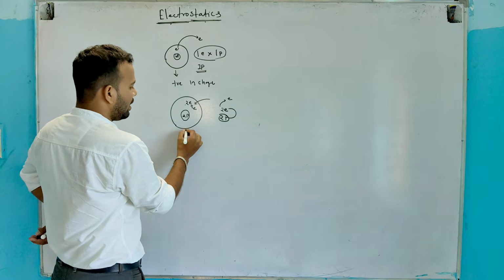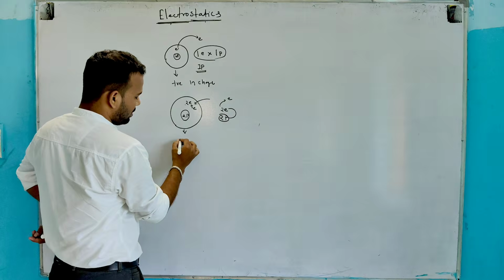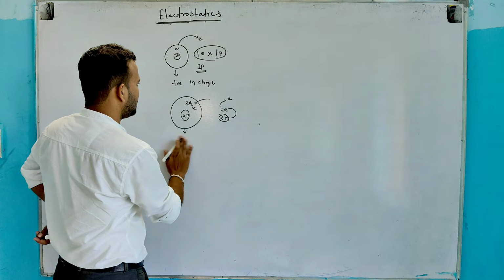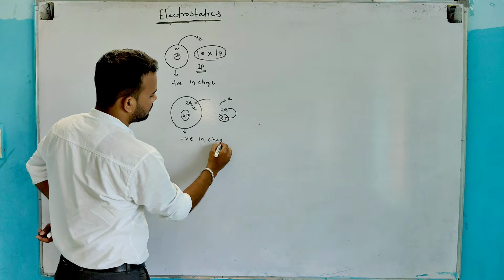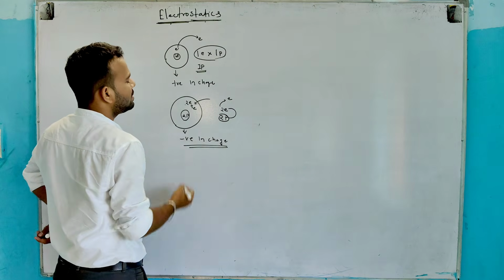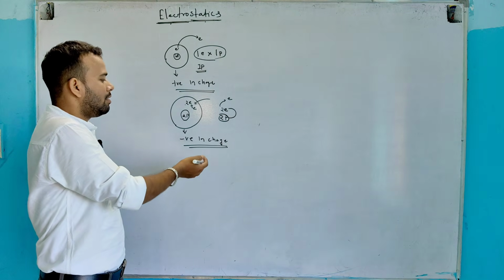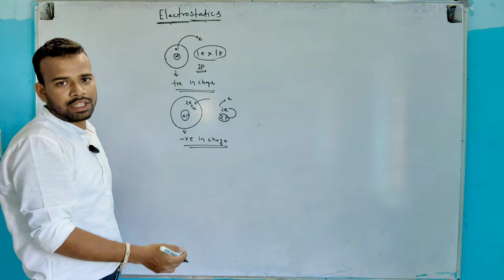That's why this atom is negative in charge. This is just an example of how an atom becomes charged, positive or negative.